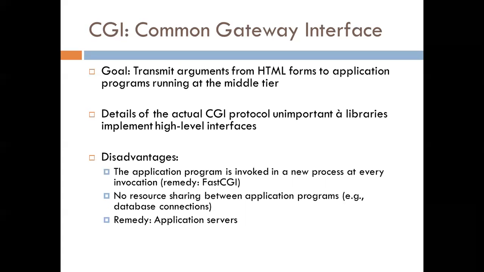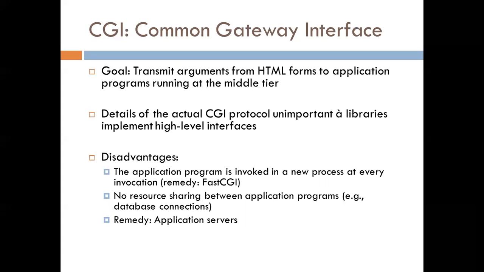In order to overcome this, FastCGI, another version, can be used. There is no resource sharing between the application programs, like DBMS connections. Connections cannot be shared in CGI. In order to overcome this, application servers can be used.